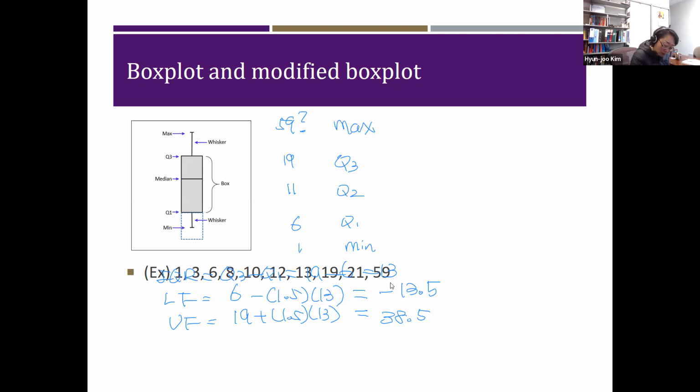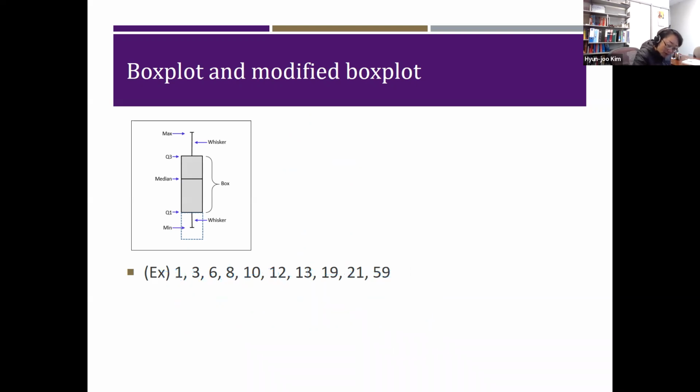If we go back to this graph, remember that we drew the graph. I'm going to draw it again. 1, 6, 11, 19, and 59. That's what our original box plot looked like. But now we know that this is an outlier. When it is an outlier, we mark it like this.